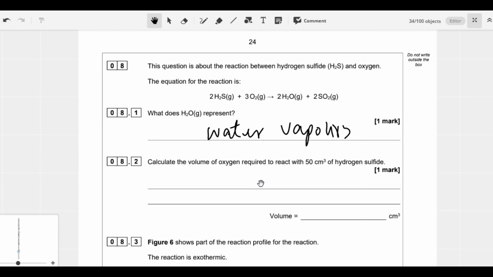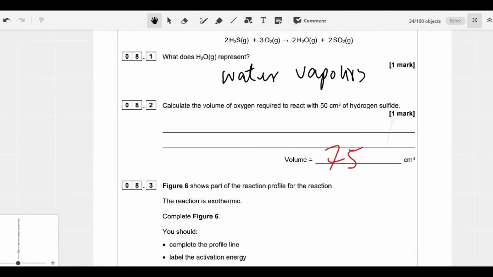First, the 50 cm³ volume of hydrogen sulfide is given. By using that volume and the molar ratios given here for H2S and oxygen, by comparing you can easily find the volume of the oxygen. So that is 75 cm³.